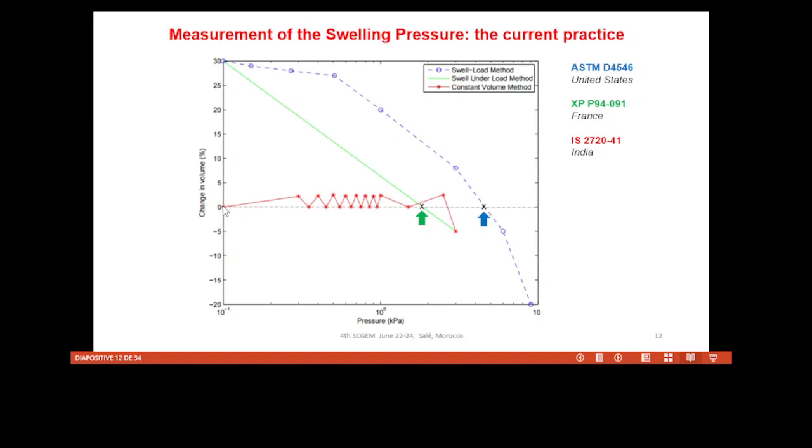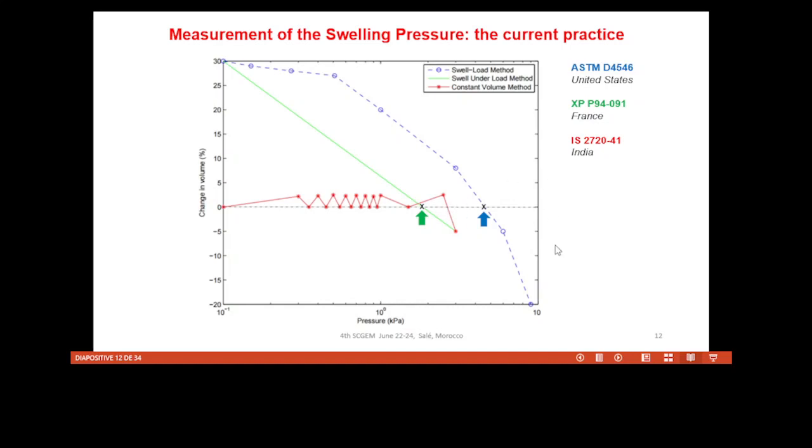In Oedometer condition it's the same. For the Indian standard, we try to neutralize the volume variation near 0, and the value of the stress will be this one to have the swelling pressure.